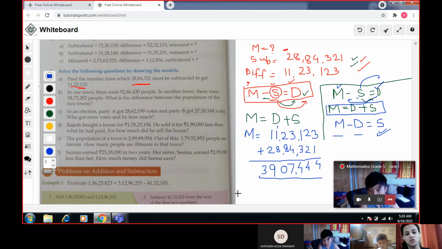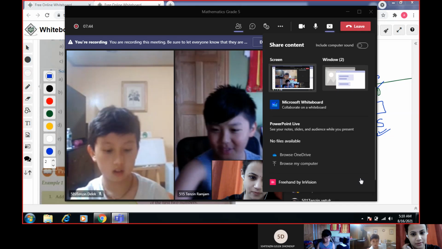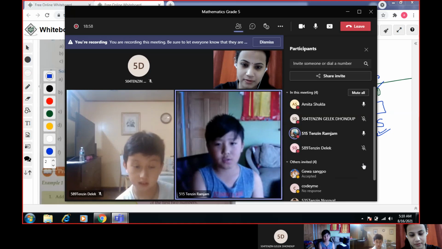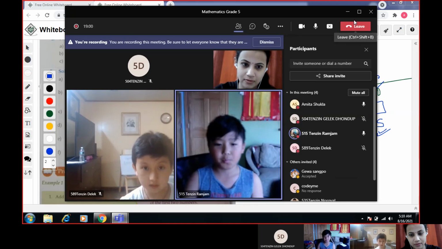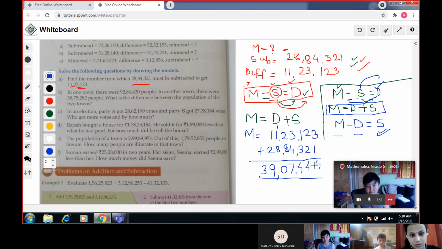So in the last you will write 39 lakh 7,004. The answer is actually 40,000. You forgot to add the regroup on the second last step.